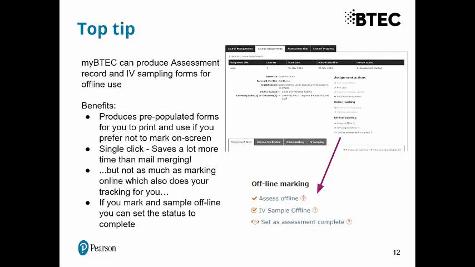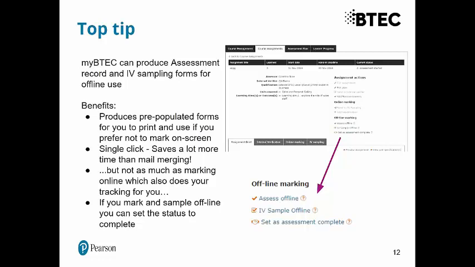If you still don't want to go the whole hog and start to assess online, as in you sit there with your myBTEC open and you write grades directly into that, you can download all the paperwork, either the pre-populated forms with learning outcomes and assessment criteria and learner names and all that kind of stuff, things that maybe in the past you had to do via a mail merge from a spreadsheet into Word or something.